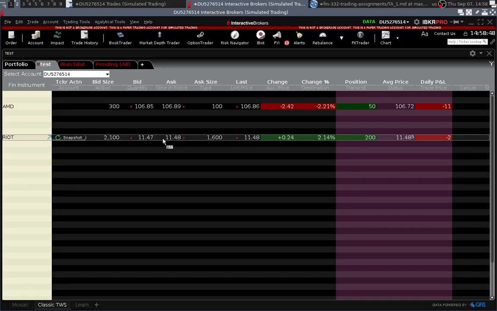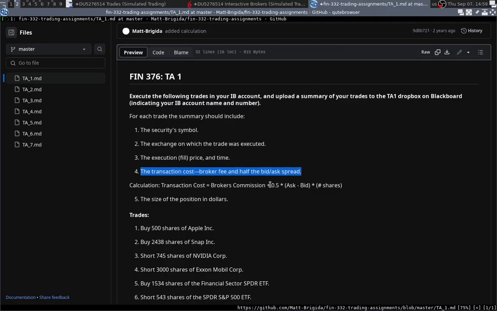So what we have here is 1 cent times 200 shares, so $2. But that would be if I bought and sold, and I only bought. So that's where I'm doing this calculation here, which is half the bid-ask. Half of the number of shares would be 100 times the bid-ask, which is 1 cent, so just $1.